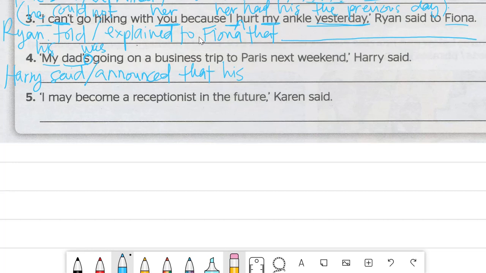The following weekend. The following weekend.